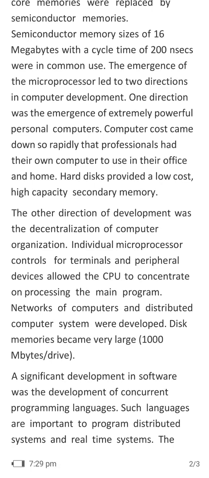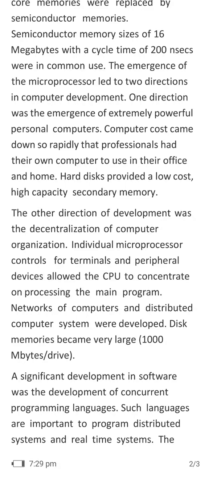The other direction of development was decentralization of computer organization. Individual microprocessor controls for terminals and peripheral devices allowed the CPU to concentrate on processing the main program. Networks of computers and distributed computer systems were developed in this generation only. Disk memories became very large.